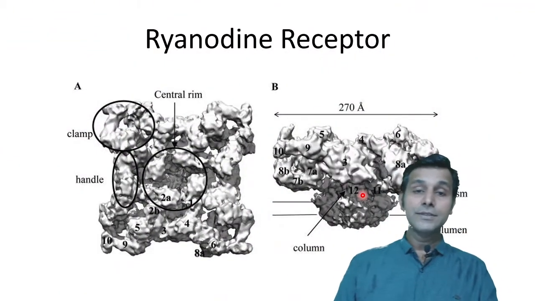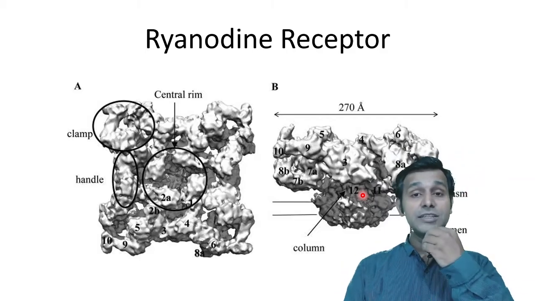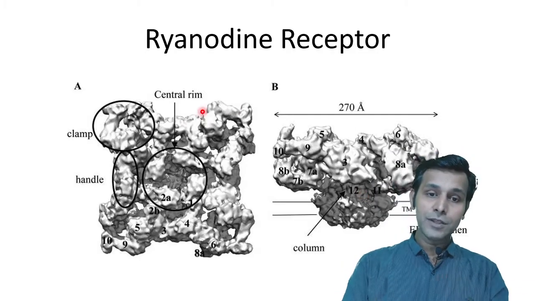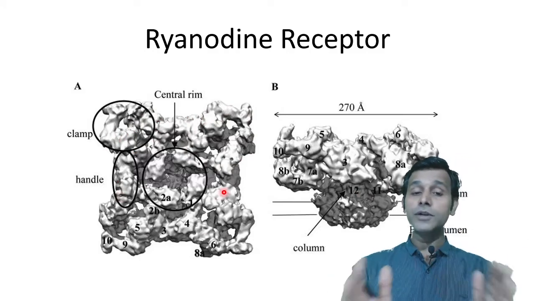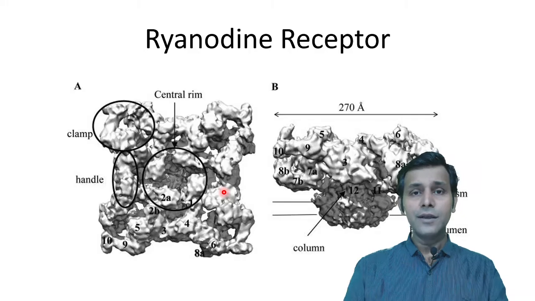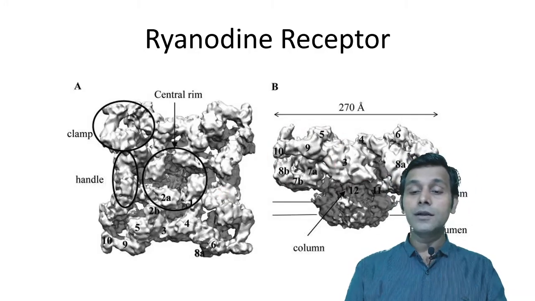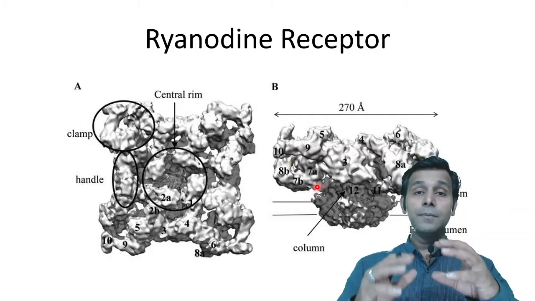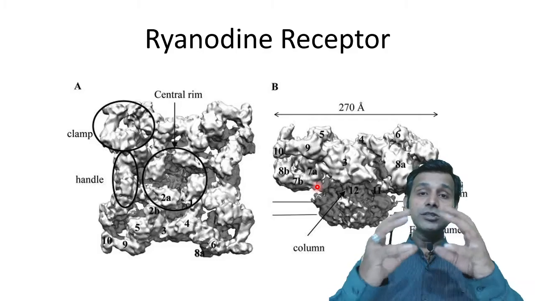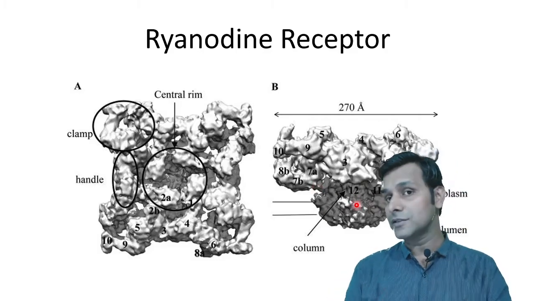Let us look at the first, the ryanodine receptor, and its structure. It's a homotetramer, with the protein structures in the homotetrameric form. It's quite a large protein, more than 500 kilodaltons. You can see much of the ryanodine receptor is extramembranous, meaning the protein has much of its structure outside the membrane, and a very small part of this ryanodine receptor is inside the membrane.